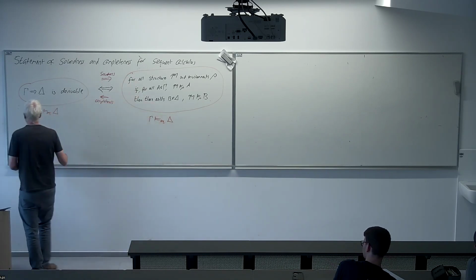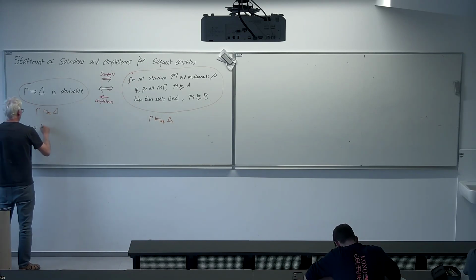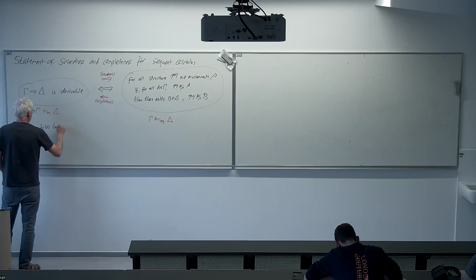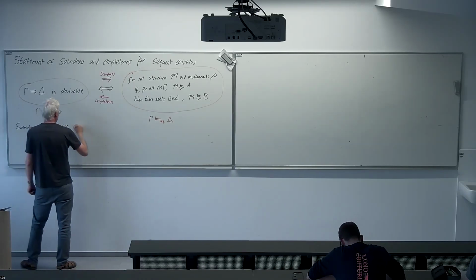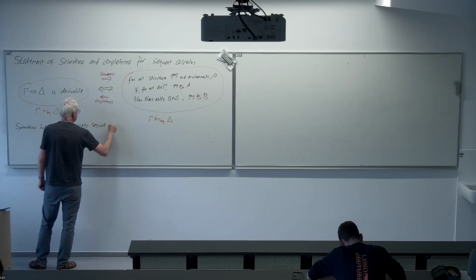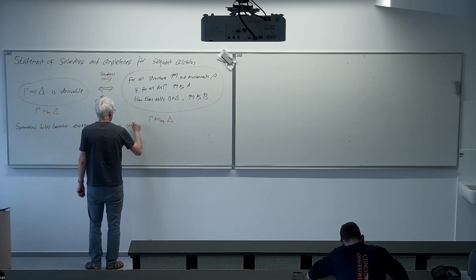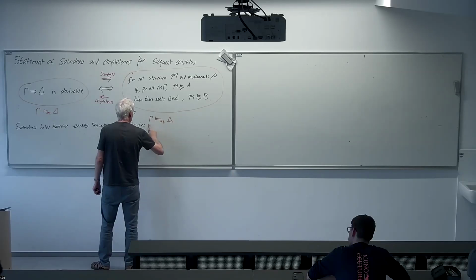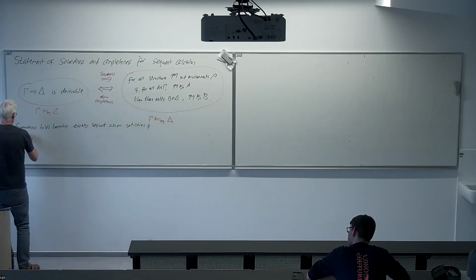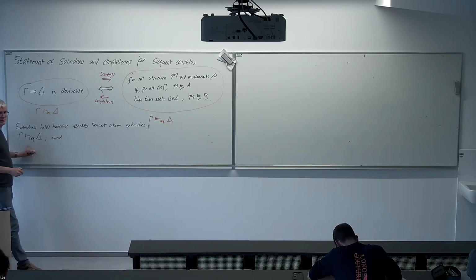So soundness holds because every sequent axiom satisfies this property that it's valid, and this validity property is preserved by the rules.